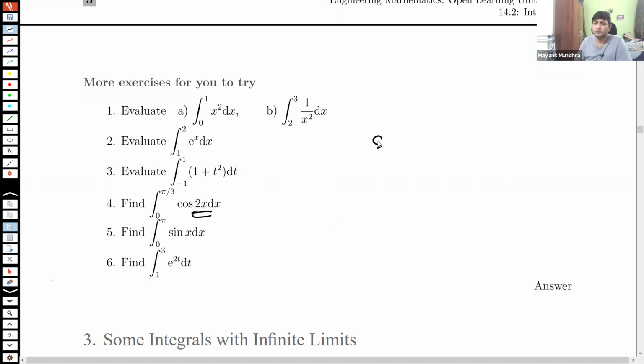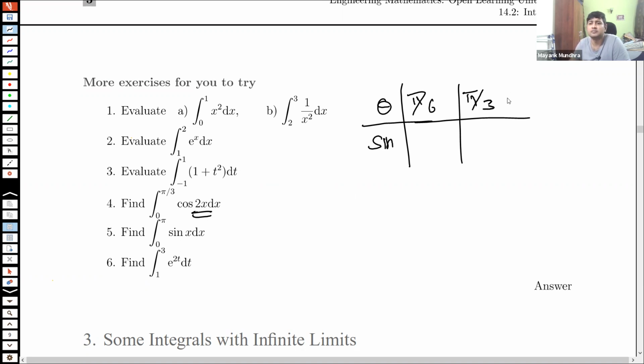So you know sine tables, sine of theta for theta: pi by 6, pi by 4, pi by 3, and pi by 2.